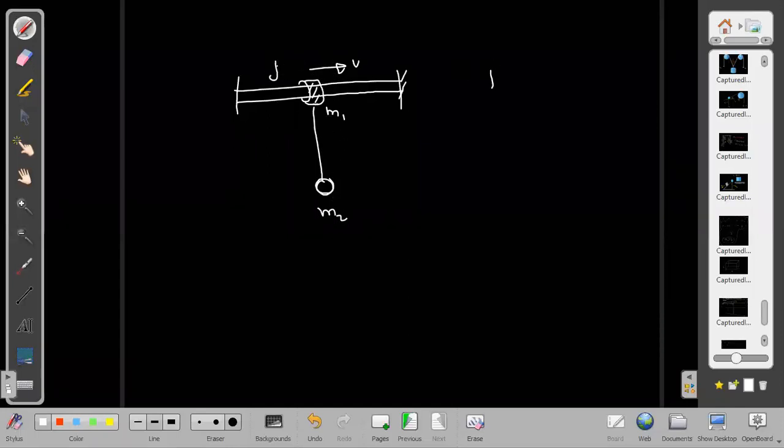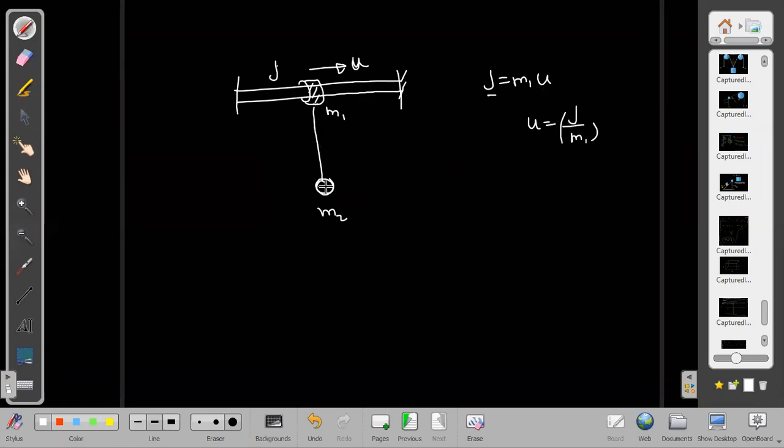But because of the impulse J is equal to m1 into v1, J does nothing but give the velocity to the particle. That velocity, let us say, is provided as u instantaneously, where u is equal to J by m1.